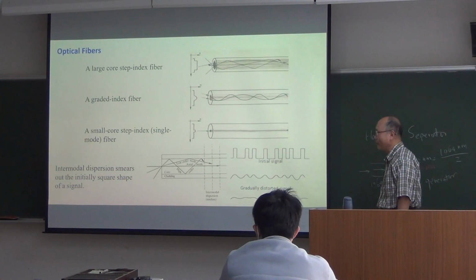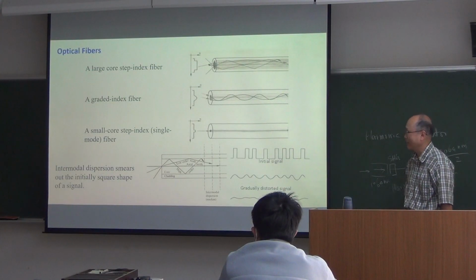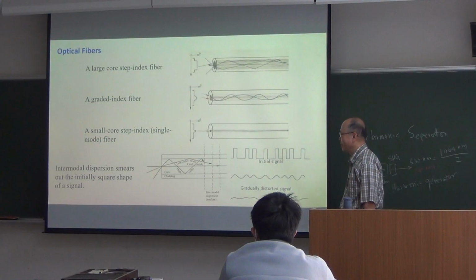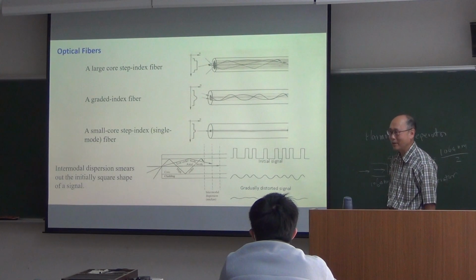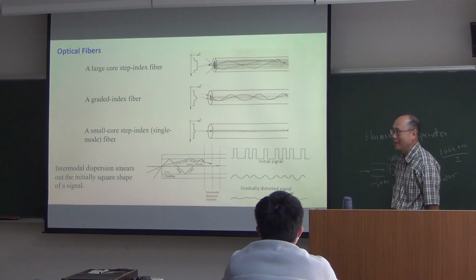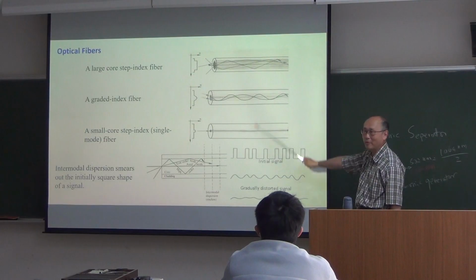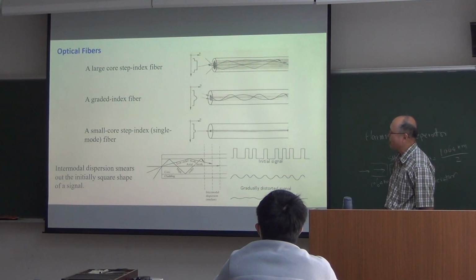All right, optical fibers have been very, very important for communications. Today, if somebody cut the ocean cable, then we cannot communicate. The undersea cable consists of a lot of optical fibers. But we could have different kinds of fibers.